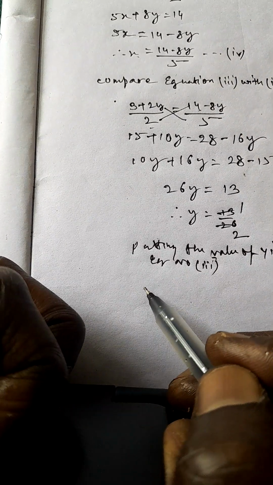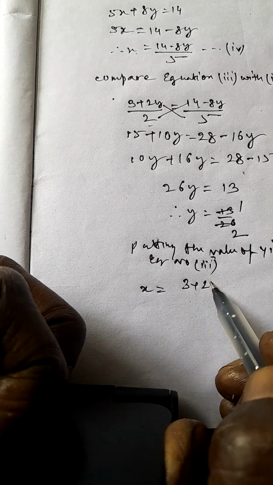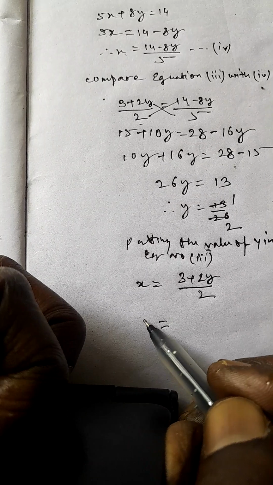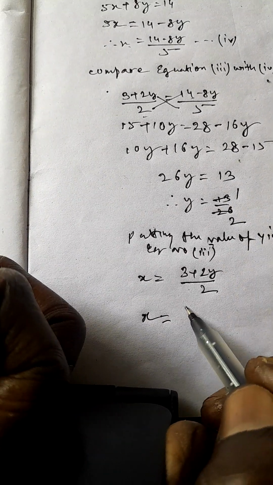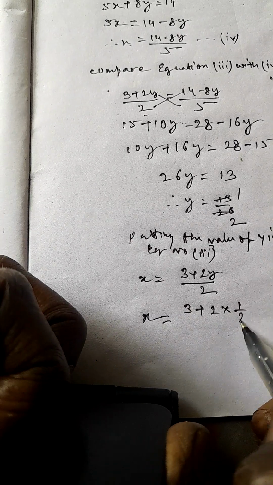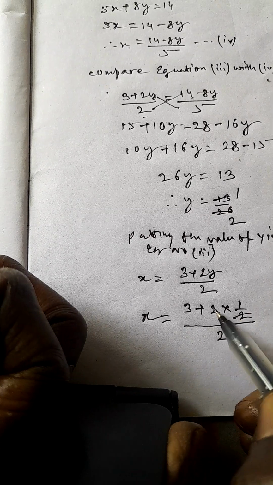Equation number 3 is x is equal to 3 plus 2y divided by 2. What is the value of y? We have got the value of y is 1 upon 2. So in place of y we put 1 upon 2 divided by 2. So 2 cancel.